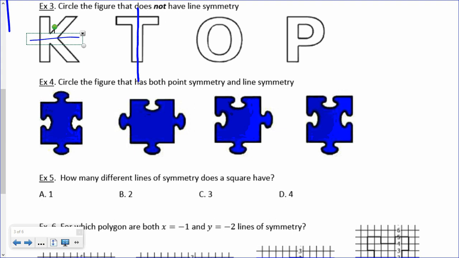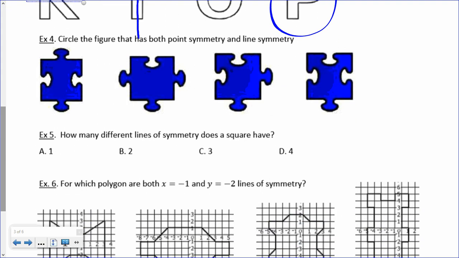You can cut an O in all sorts of different ways, depending on how they draw it with handwriting. But can you cut a P in half? No. So that's our choice. That one does not have line symmetry. Make sure you guys are really careful looking for the word not. Read very, very carefully for the word not in the directions.